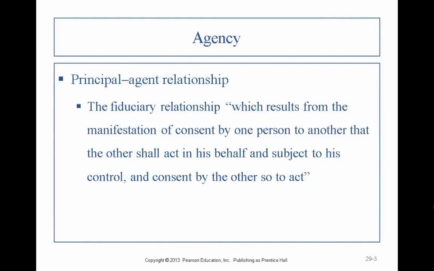All right, let's first understand what a principal-agent relationship is all about. This relationship is a fiduciary relationship, and the word fiduciary, we always try to define it. We know what it means, right? A fiduciary is someone who owes a legal duty, almost of loyalty, someone of trust, right? A fiduciary relationship results from the manifestation of consent by one person to another that the other shall act in his behalf and subject to his control, and consent by the other to so act.